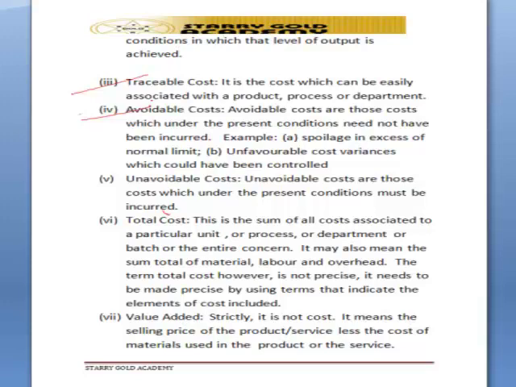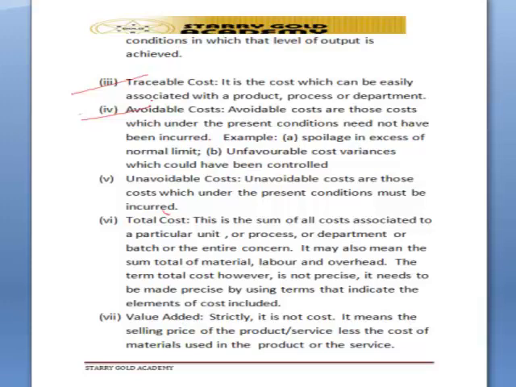Then we have the total cost. Of course, you know total cost is the summation of the variable and the fixed cost. Total cost is the sum of all costs associated with a product unit, process, department, batch, or even the entire consignment. It may also mean the sum total of material, labor, and overhead. The term total cost, however, is not precise.